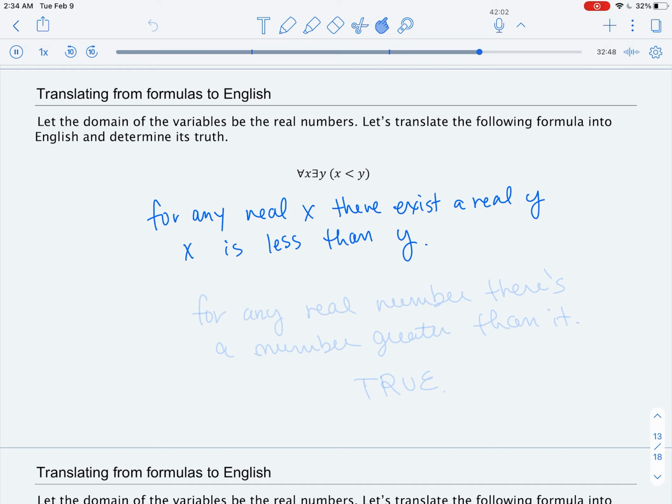And the way that we can translate this into more natural English may be that there is always a greater real number for any real number.